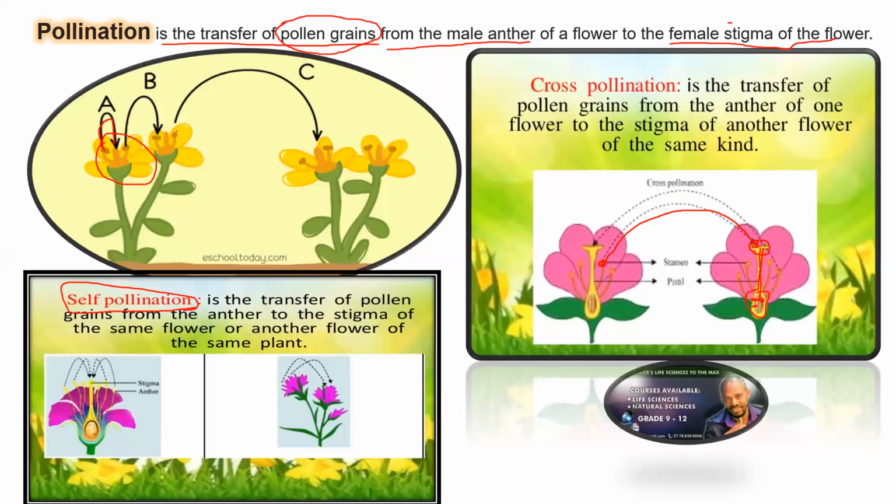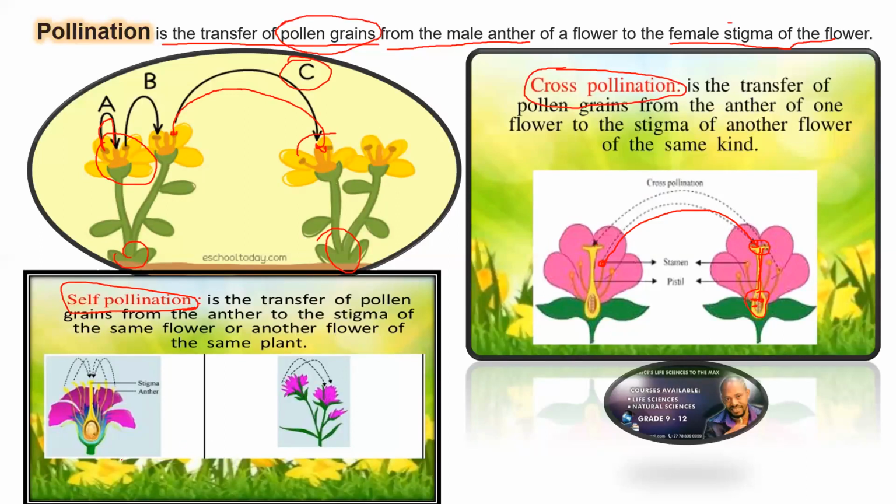Or the pollen grains are transferred from the anther, this time to the stigma of an entirely different flower growing on a different plant. You can see the plants here are different. If this happens this way, like in C here, we'll therefore refer to it as cross-pollination, where the plant must be of the same species or more or less closely related species.